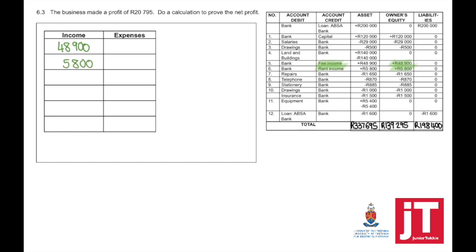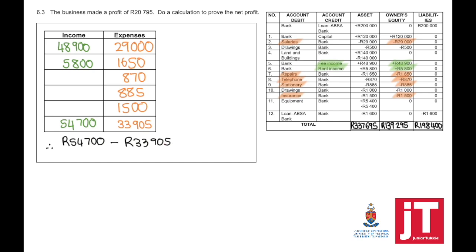Our expenses, salaries, 29,000, repairs, 1,650, telephone, 870, stationery, 885. So we need to identify from what we've completed all our income and all our expenses. Insurance, 1,500. If I add my total income minus my total expenses, it will prove our net profit, which was 20,795.